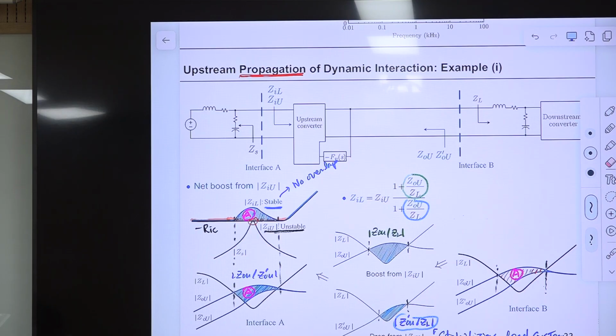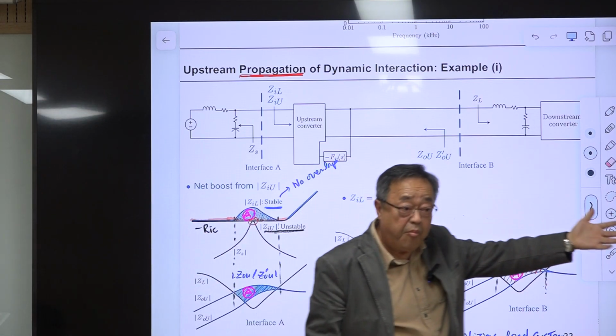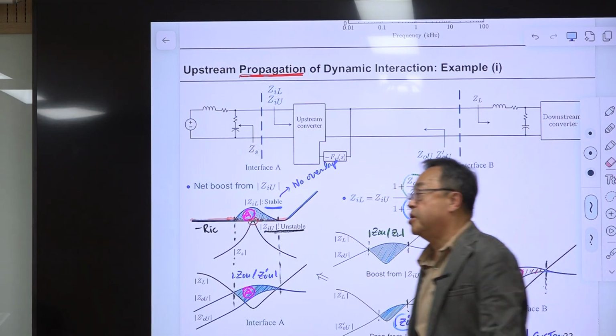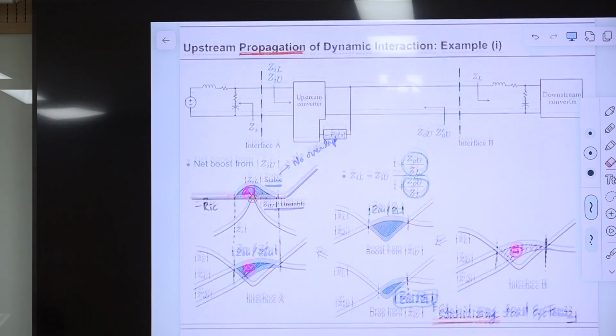Using this kind of concept, you can program the performance of the upstream converter and the downstream converter. So you can control the dynamics of remotely located power converters. That is very, very interesting and promising.